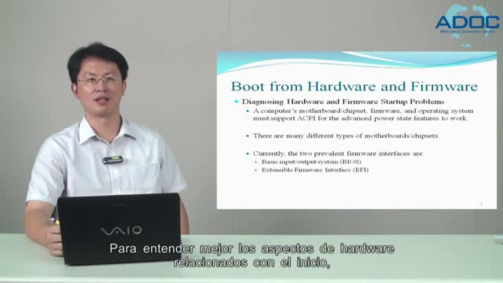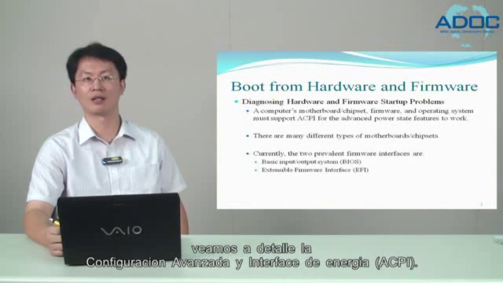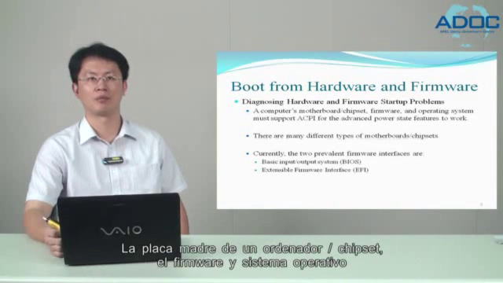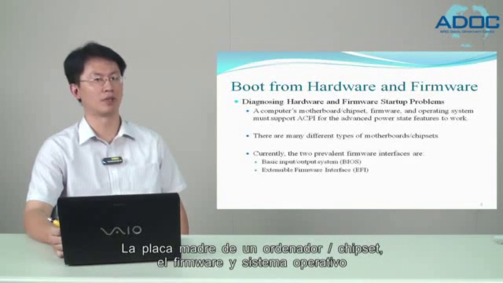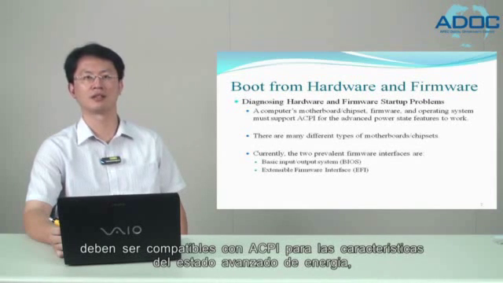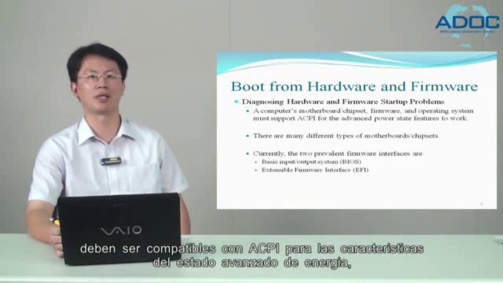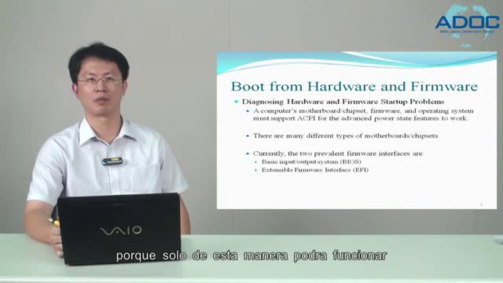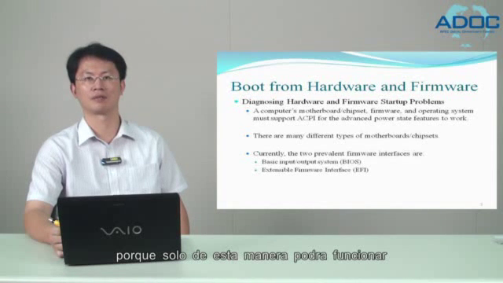To better understand the hardware aspects related to boot issues, let's take a look at the Advanced Configuration and Power Interface, ACPI. A computer's motherboard, chipset, firmware, and operating system must support ACPI for the advanced power state features to work.